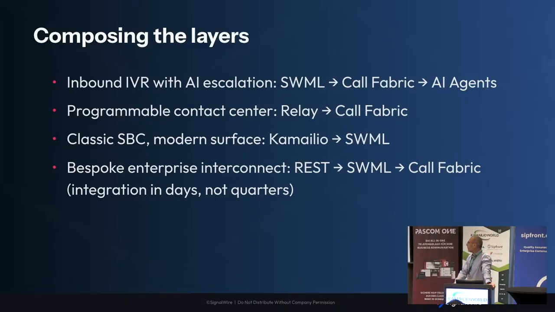And with the REST API, you can manage from the server side your numbers and your addresses, inject your programmable scripts and define your addresses. And the idea is that all this can be done very quickly. It doesn't need a big interconnection process for getting there, thanks mainly to the REST APIs.